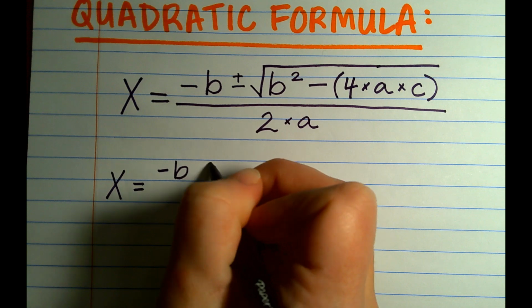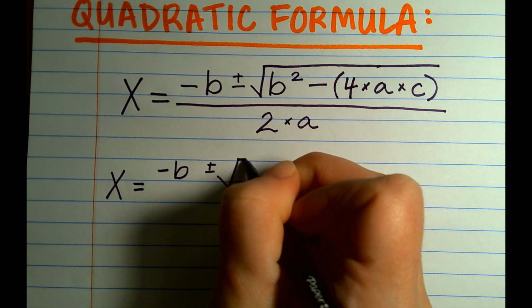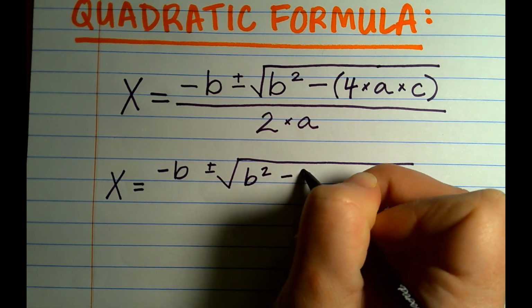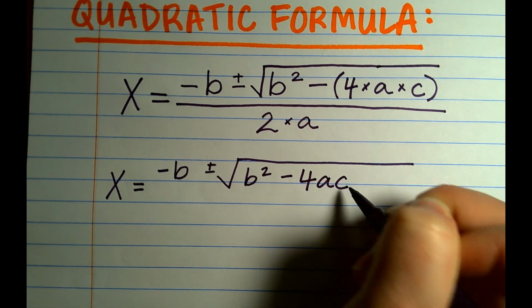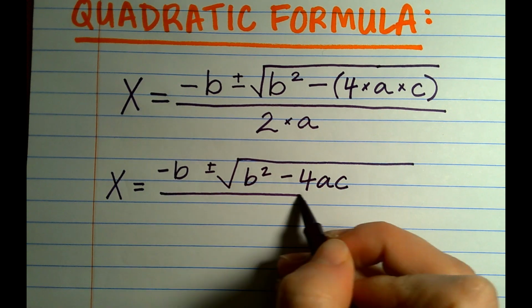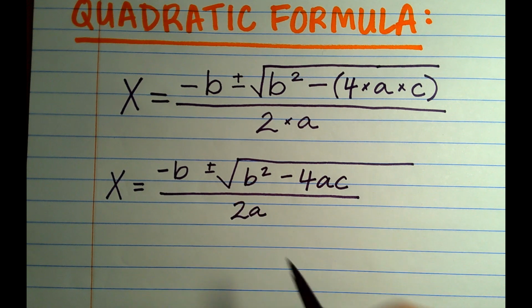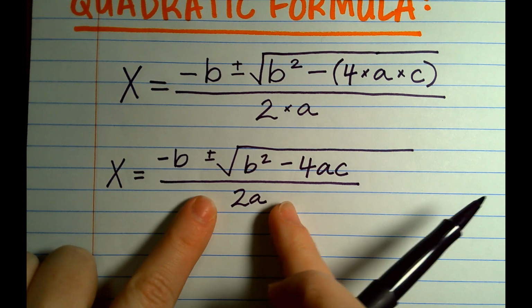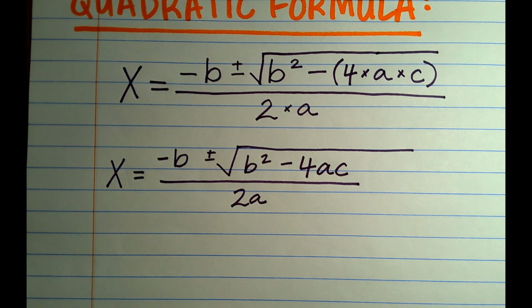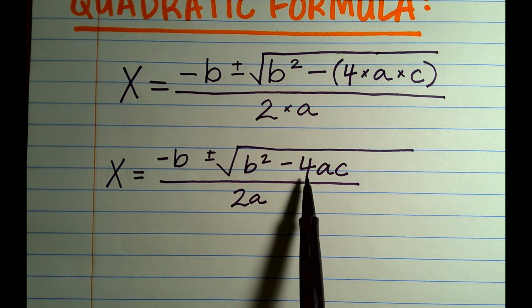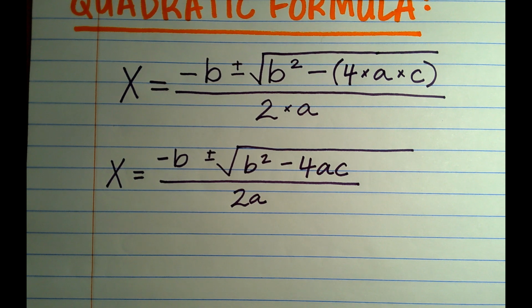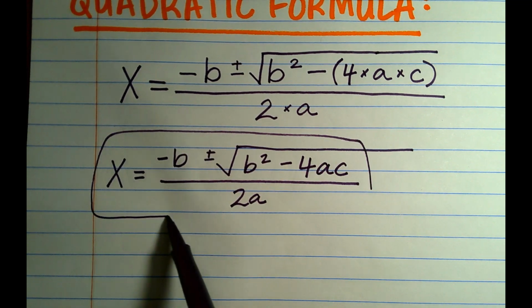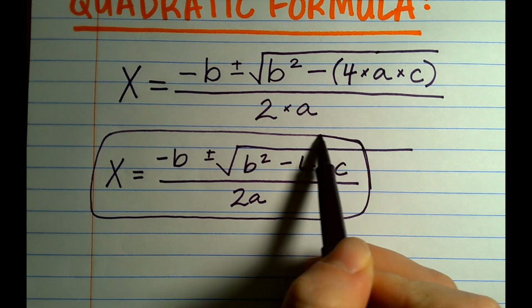Negative b plus or minus the square root of b squared minus 4 times a times c, all over 2 times a. So normally you're not going to see the multiplication symbols, so I appreciate you pointing that out. Normally we're just going to see the numbers next to the letters. This is the quadratic formula, and I will show you how we use it.